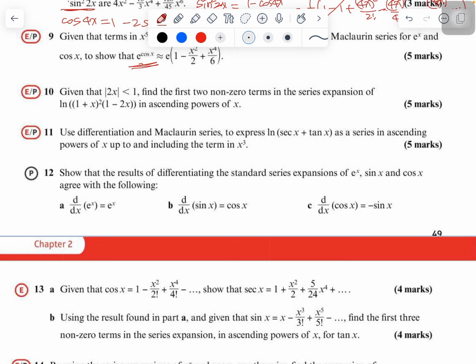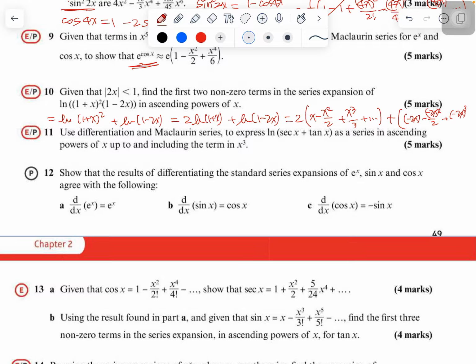So ln, this is a log, so we can use the law of log. ln of 1 plus x squared plus ln of 1 minus 2x becomes 2 ln of 1 plus x plus ln of 1 minus 2x. 2 times x minus x squared over 2 plus x cubed over 3 plus blah blah blah, and plus negative 2x minus negative 2x squared over 2 plus negative 2x cubed over 3 plus blah blah blah.